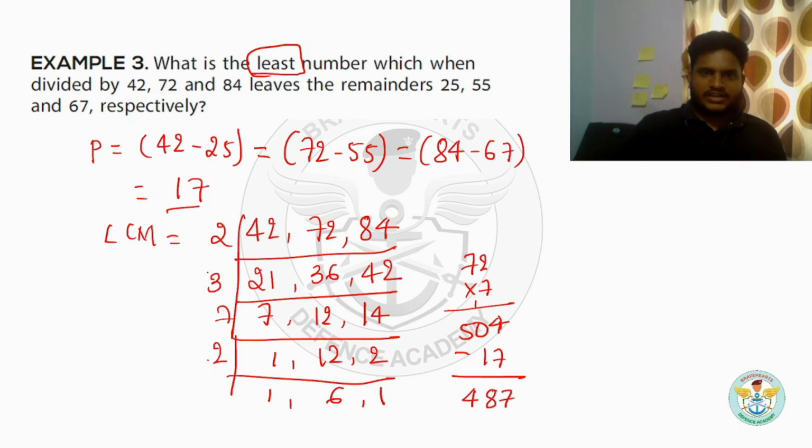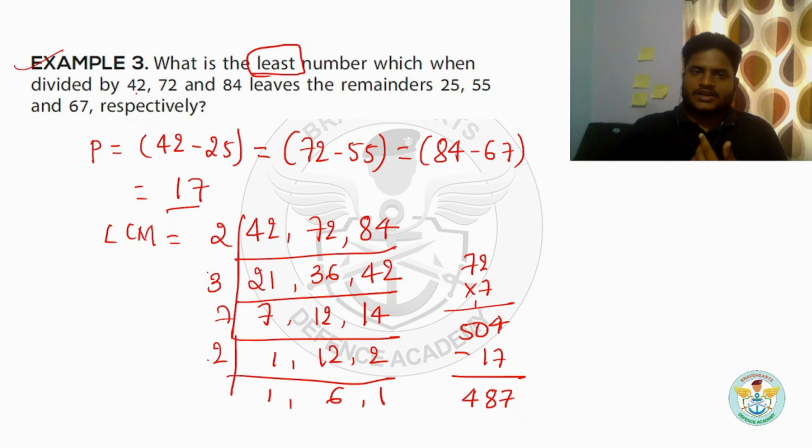I hope I'm clear here. This was one of the questions. We are doing this with respect to your remainder concept. When the remainders are different for different numbers, you have to look for a clue whether it is an HCF problem or an LCM problem. If least number is given, then it means you have to find out the LCM.